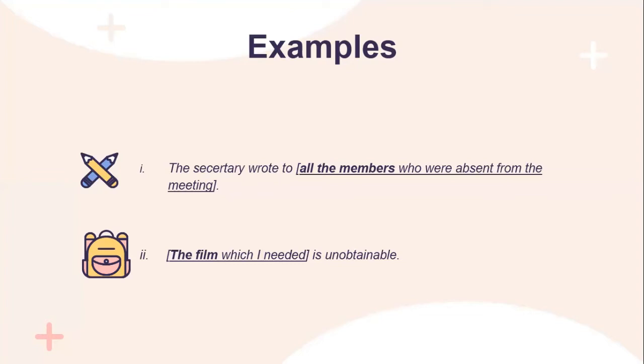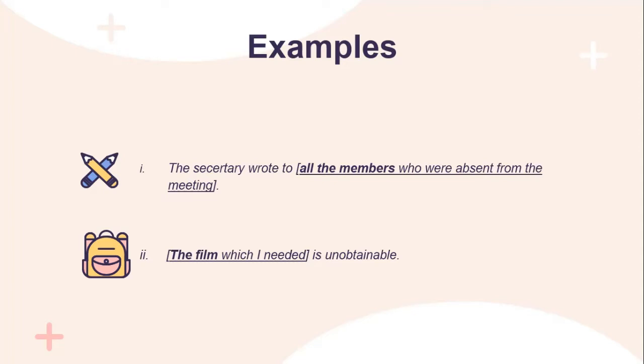And then, as I mentioned before, the function of a relative clause is to give more information about a noun in the main clause by using a relative pronoun. The head noun that the relative clause modifies is called the antecedent.